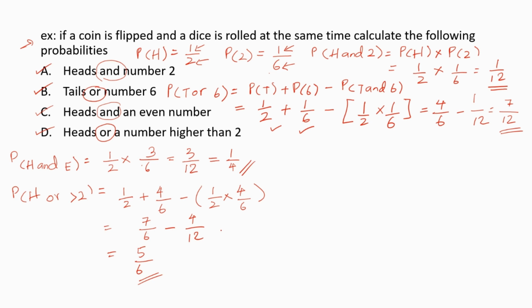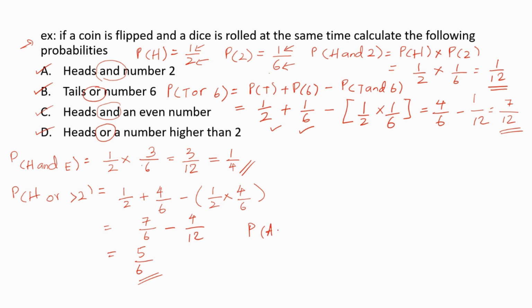Now you have a better understanding of what probability is, how to calculate probabilities, and what joint probability is. Under joint probability, we discussed the multiplication law and addition law. So what is the multiplication law?